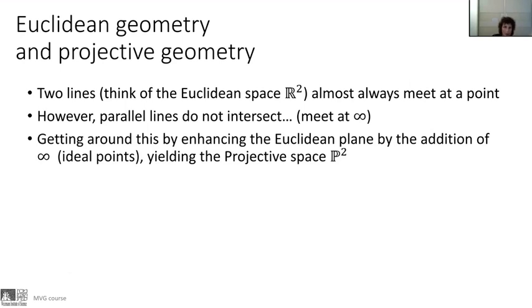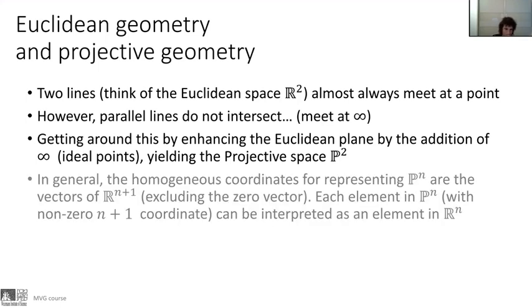So we circumvent this situation by adding what we call infinity points, or ideal points, to the projective space P2. And in general, we can do this not just for P2, but for P^n.